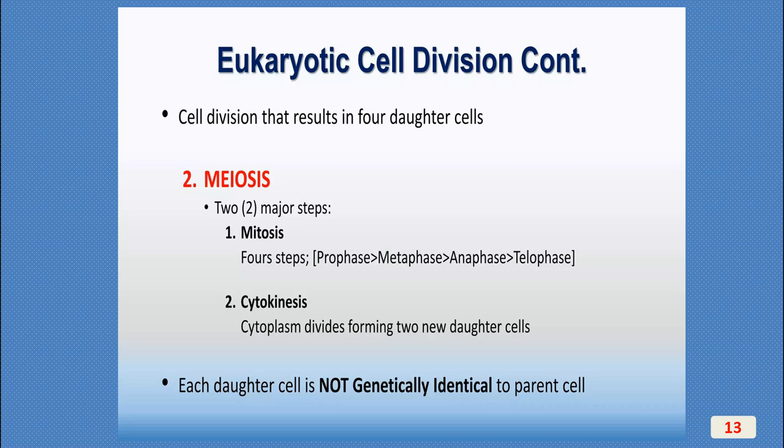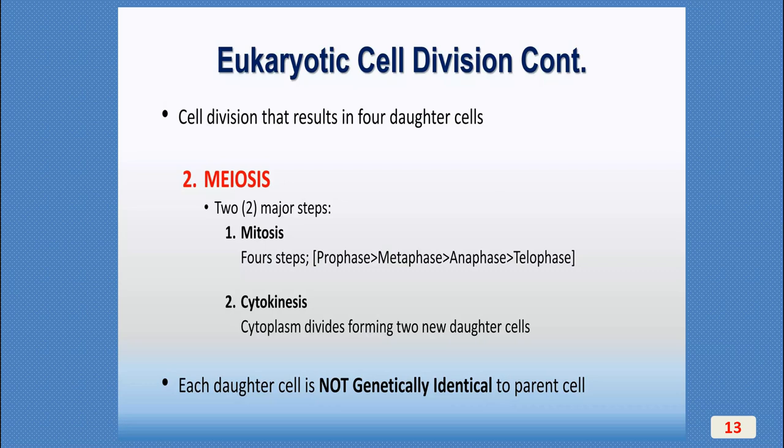Then eukaryotic division continues with a process that results in four daughter cells, known as meiosis. Here it consists of two major steps.